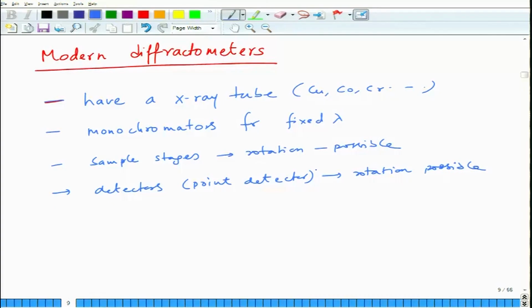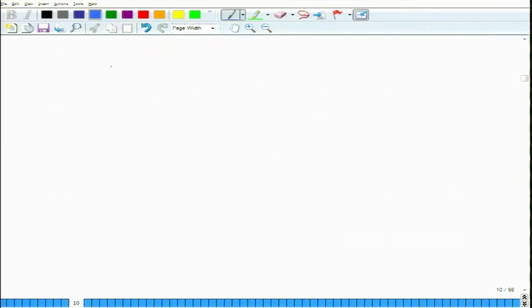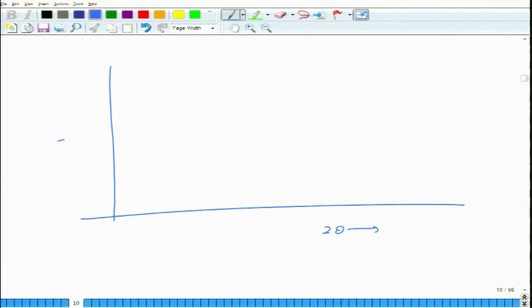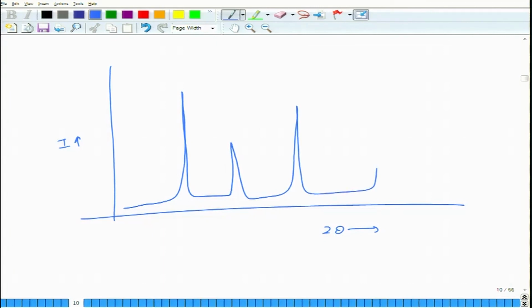Okay. So, what you get at the end is something like this: as a function of 2 theta, as a function of intensity, you have these peaks, and so on and so forth.